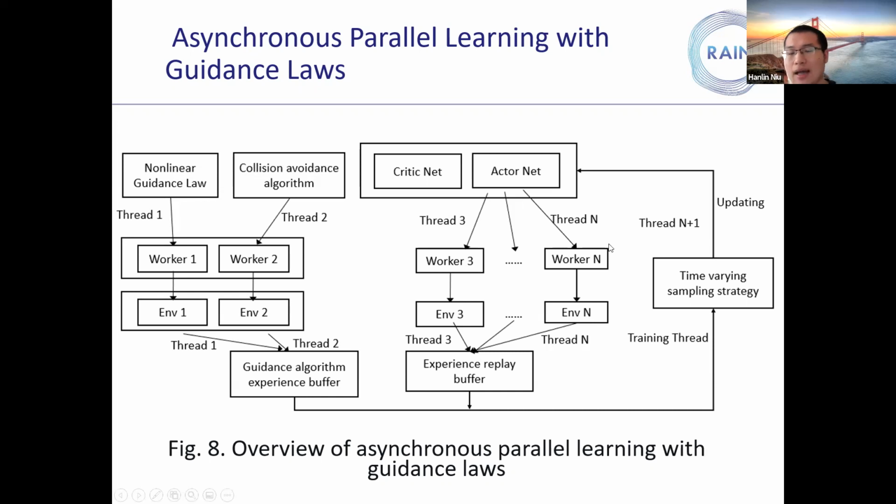And on the right side, I have several threads to trigger the robots to learn by themselves. Then I merge their experience data and use a sampling strategy to update the corresponding critic network and actor network, which is a separate training thread. So we have the actor threads, the extra thread, and also the training thread.